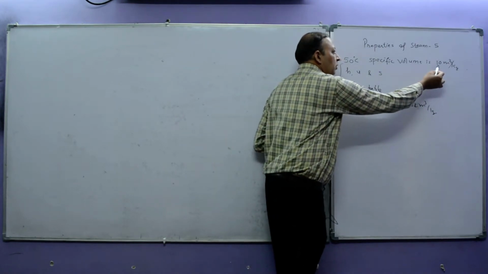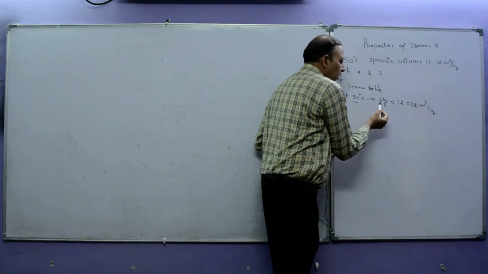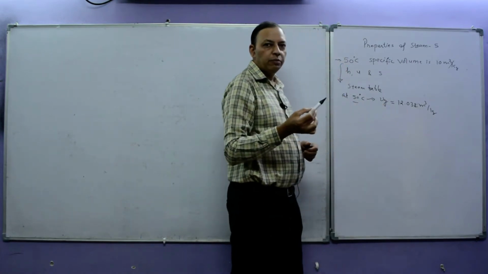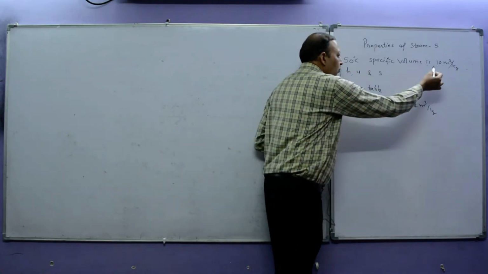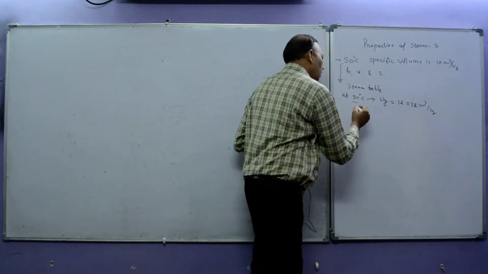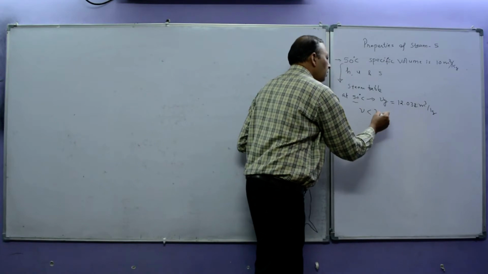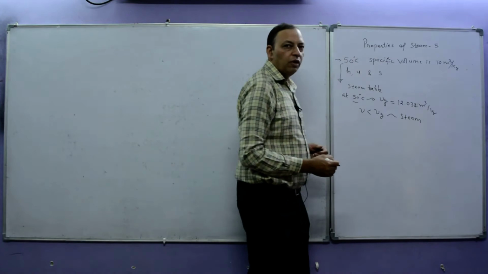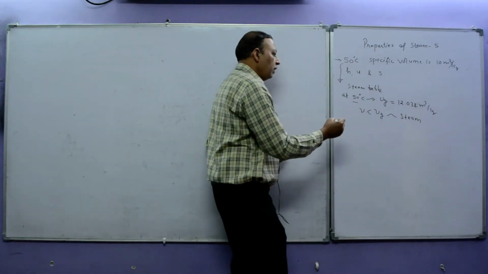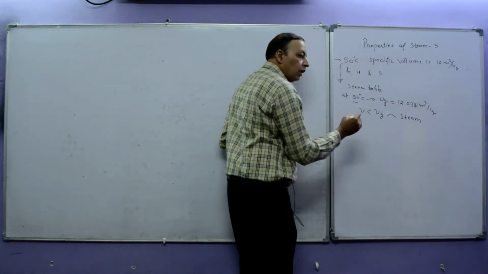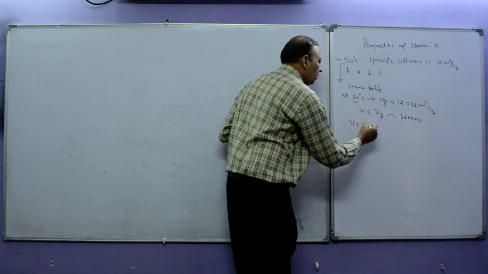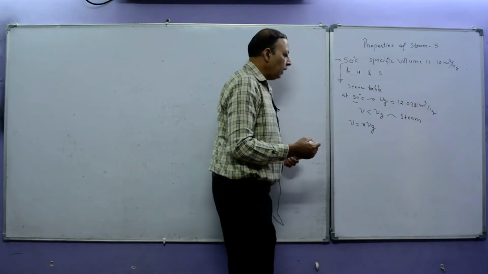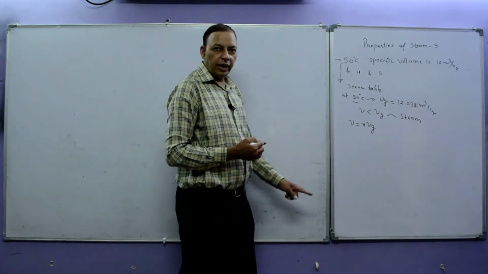Now we will compare these two values. Given specific volume is 10 meter cube per kg and the corresponding value of Vg is 12.032 cubic meter per kg. The given value is less than Vg. As per our concept, the steam will be wet. If the steam is wet, we will calculate the value of x with the formula of specific volume of wet steam, that is V equal to x Vg.